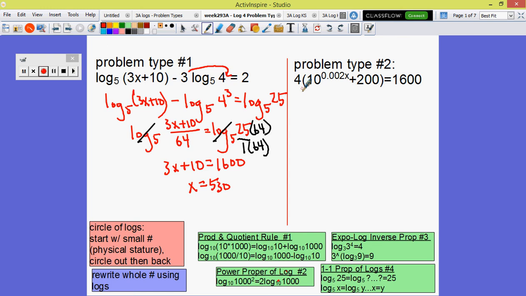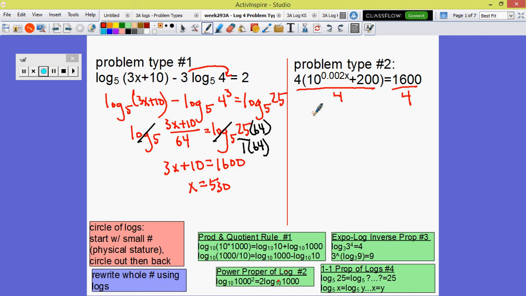The first thing you can do right off the bat is divide both sides by 4, because you can think of this as a big fat 4x. 4x equals 1600. So you can divide both sides by 4.